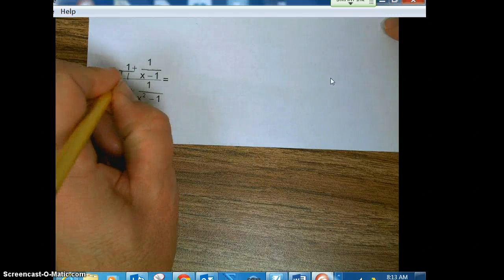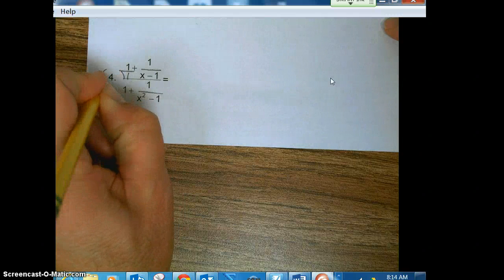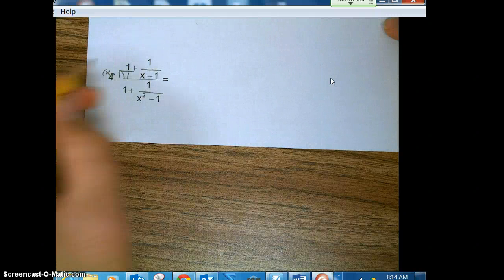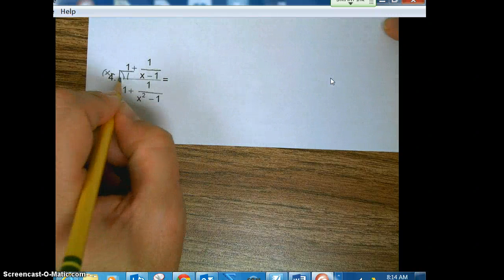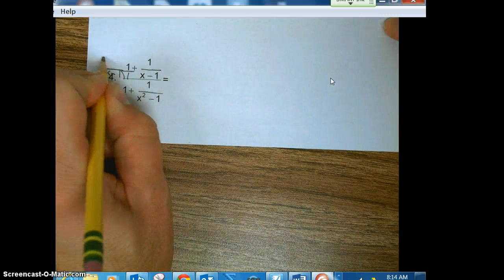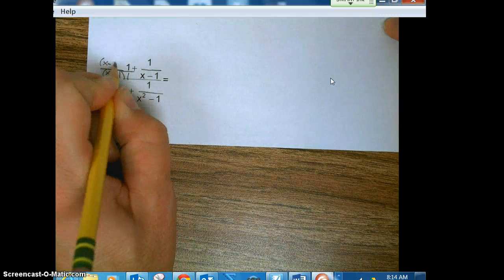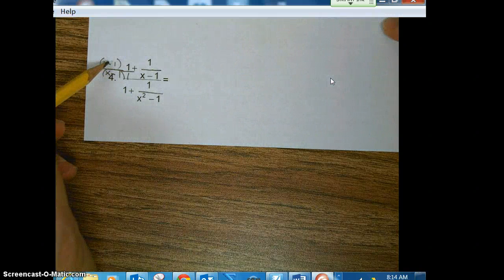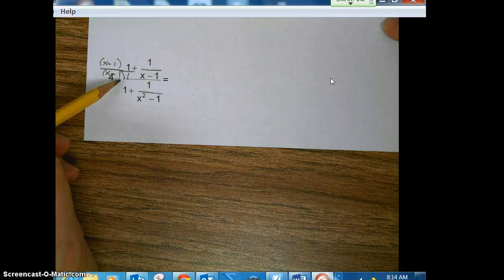So we're going to multiply this fraction by x minus 1. And since we're multiplying the denominator by x minus 1, we must multiply the numerator by x minus 1 as well. Now remember, anytime you divide one thing by itself, that gives us 1.